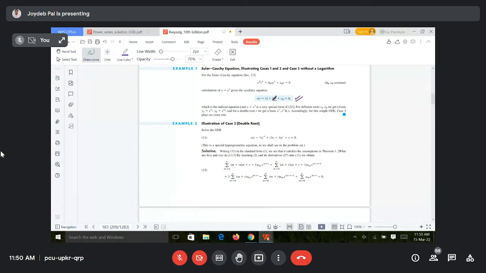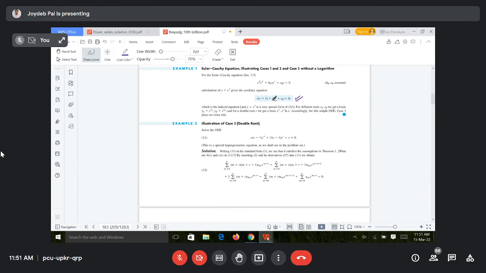Do you remember, in solving Euler-Cauchy, what is the auxiliary equation? Actually x square, m square plus a minus 1 m plus b. Yes, so is that coming or not?